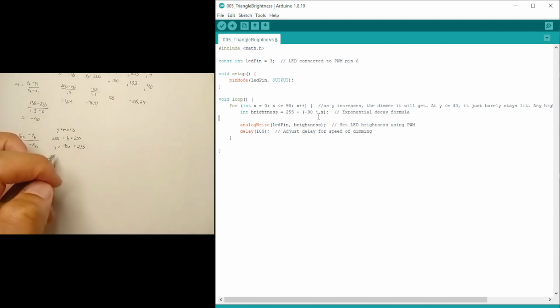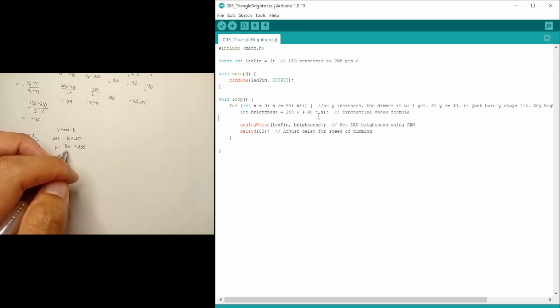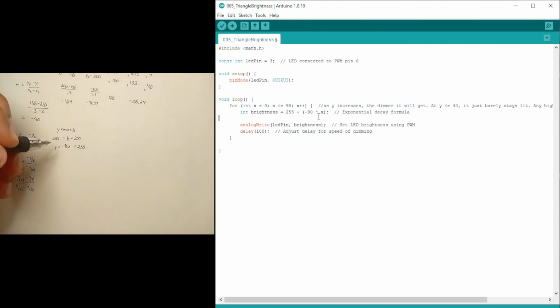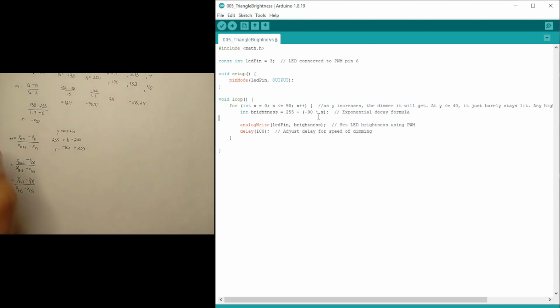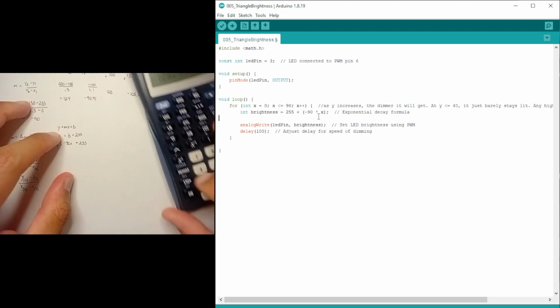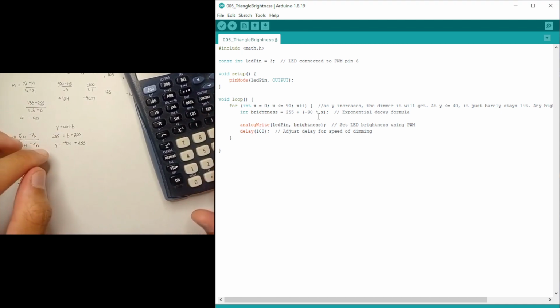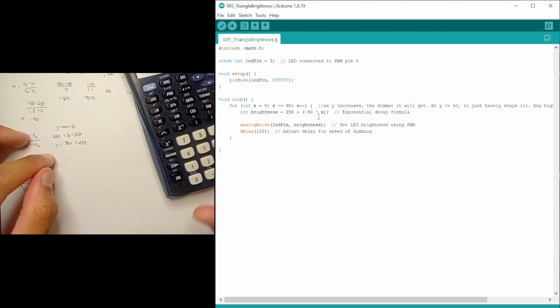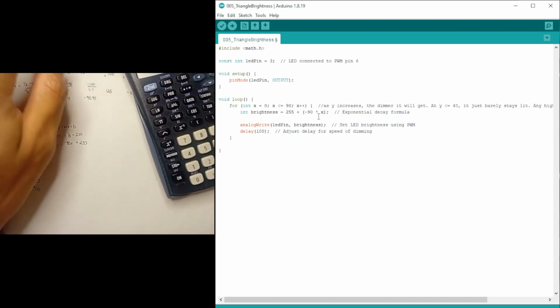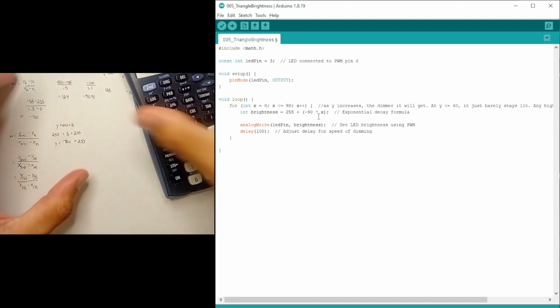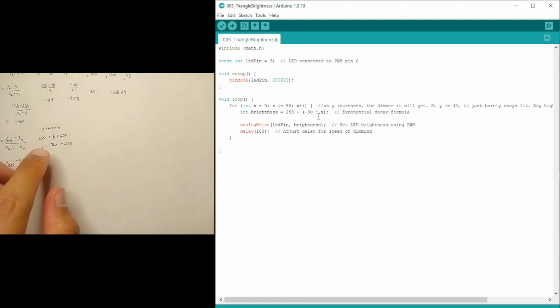Okay, and this goes from 0 to 1.3 seconds. So at x equals 1.3, it should be 90 times 1.3 times negative 1 plus 255, and it drops down to 138.